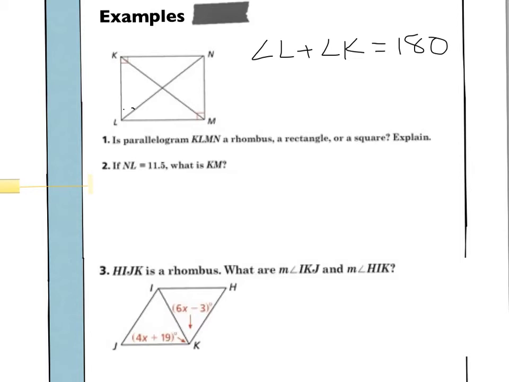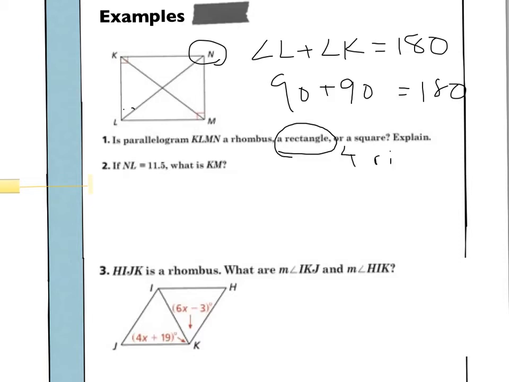So if K is 90, then L has to be 90. That means we have 3 right angles, and the same thing is true about N. So now we've got 4 right angles, so this definitely has to be a rectangle. We can't say it's a square because we don't know anything about the diagonals. They didn't tell us anything, so that's all we can say.